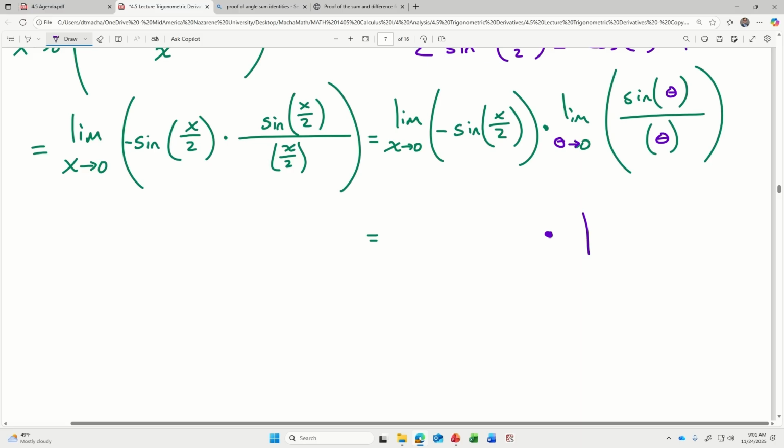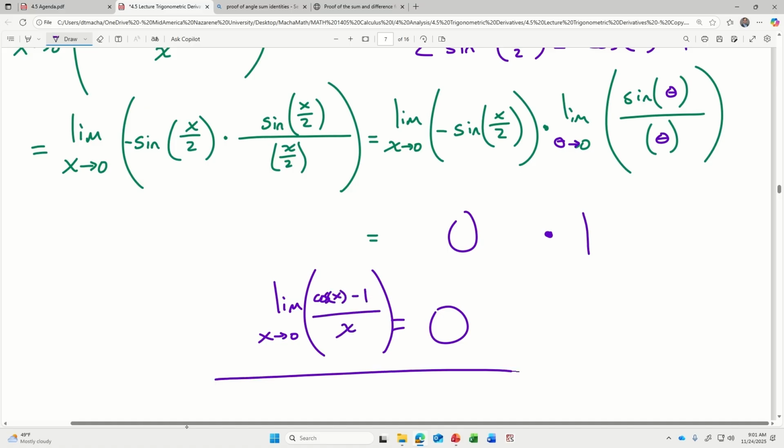Yes, because we can just directly evaluate. Plug in x equals 0, and this is sine of 0. What's sine of 0? It's 0. So that means the limit as x approaches 0 of cosine of x minus 1 divided by x is 0.